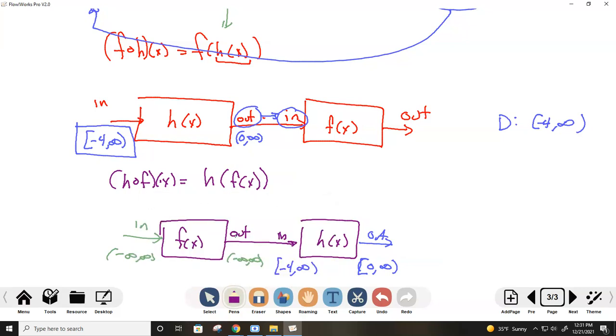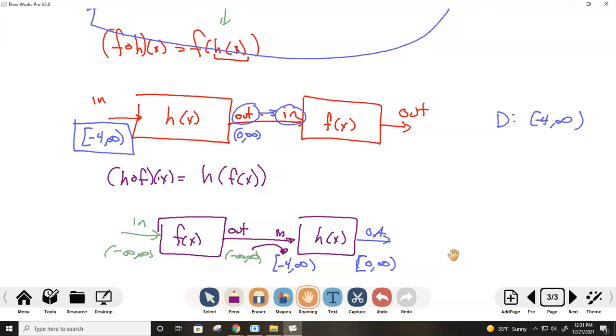So when I pull this in, if I put any number into here, I get any number out, but now I'm going to run into a problem because my input is limited on h to where x is greater than or equal to negative 4. I can't plug all real numbers in.